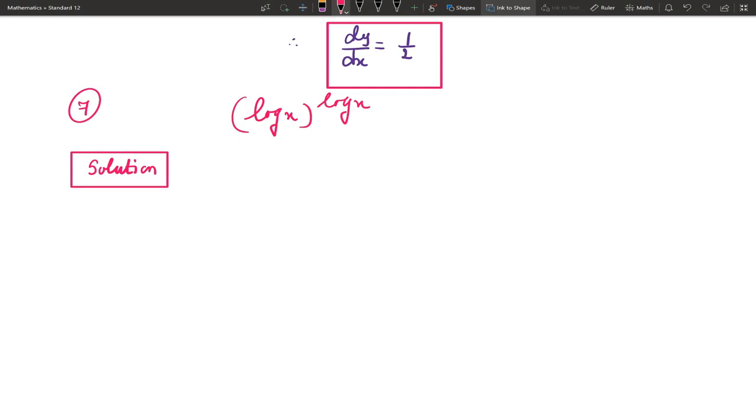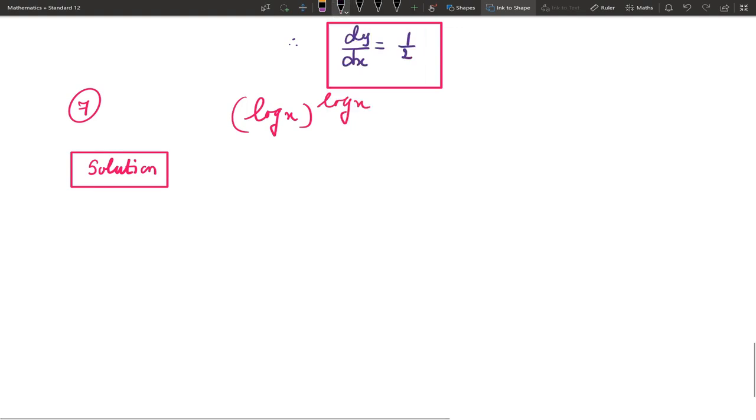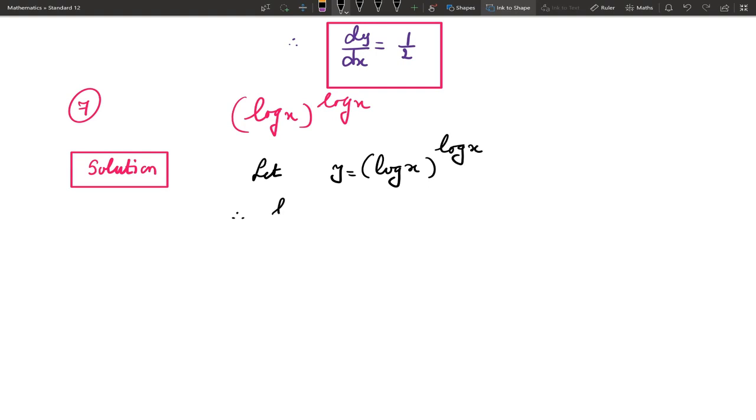Let y equal to log x raised to log x. So taking log on both sides of y, the right hand side uses the formula log a raised to m equals m log a.